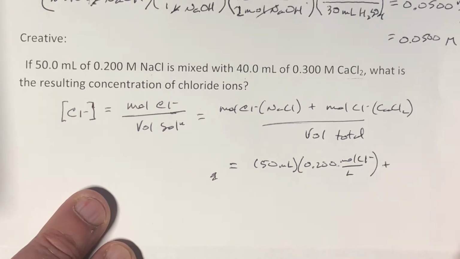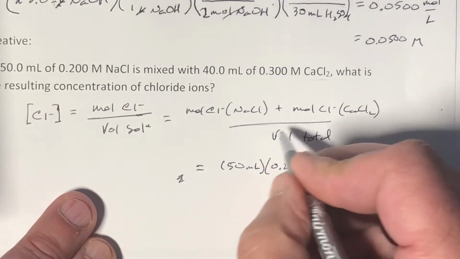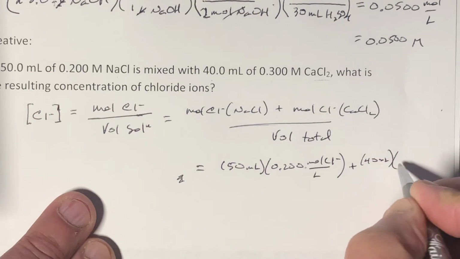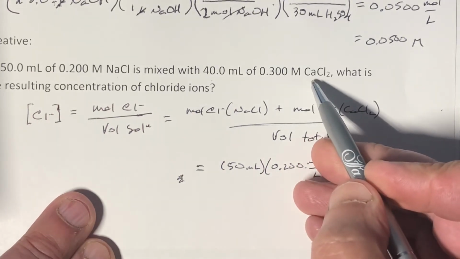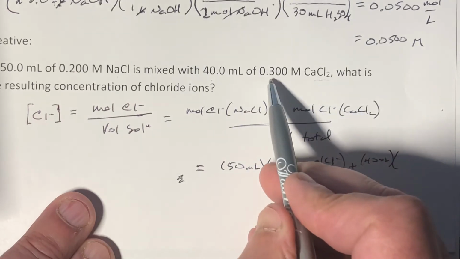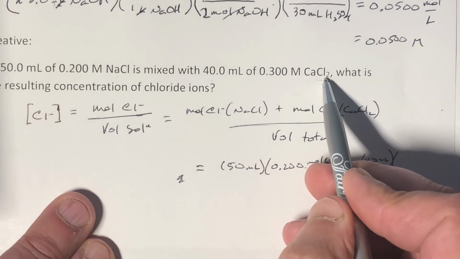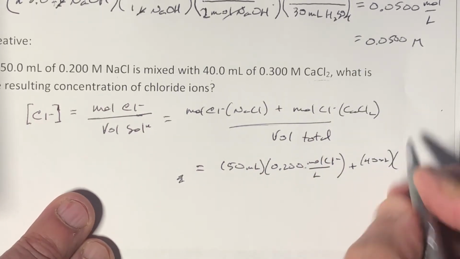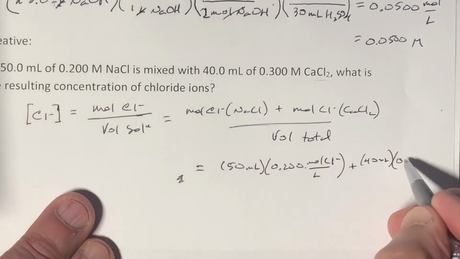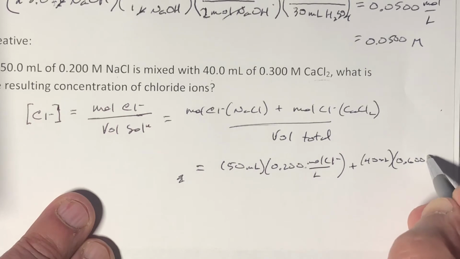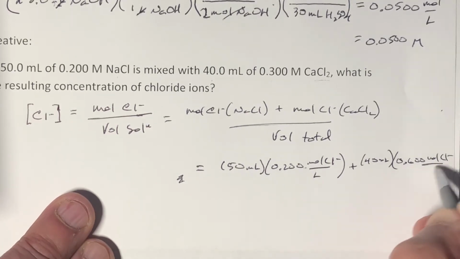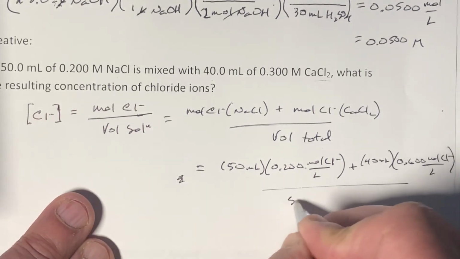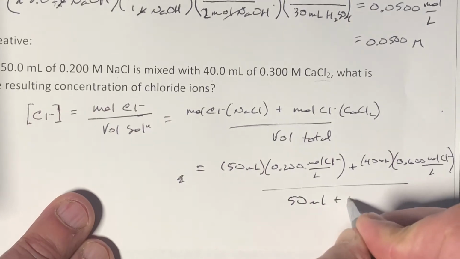To that, I'm going to add the 40 mL times the 0.3 molar calcium chloride, but recognize that I can either multiply by 0.3 and then multiply by 2 chlorides per calcium chloride, or since I'm running out of space, I'll do that in one step. The concentration of chloride here is double the 0.3, or 0.6 moles chloride per liter. And this is going to be over a total volume which will be 50 mLs plus 40 mLs.